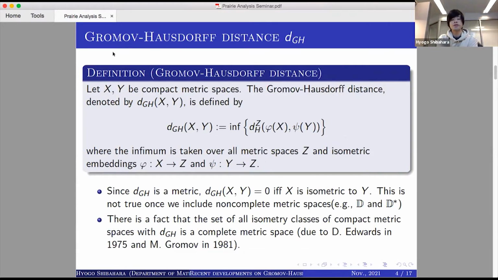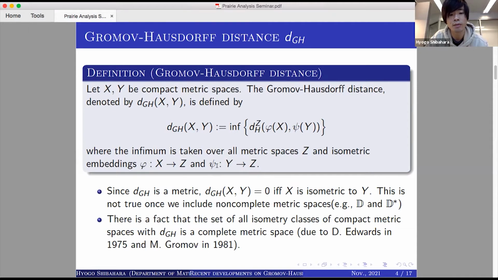And the Gromov-Hausdorff distance, denoted by d sub GH, is a metric on the set of all compact metric spaces. If we take two metric spaces X and Y, then the Gromov-Hausdorff distance is defined by the infimum of the Hausdorff distance between two copies of X and Y, and the infimum is taken over all triples Z, phi and psi.